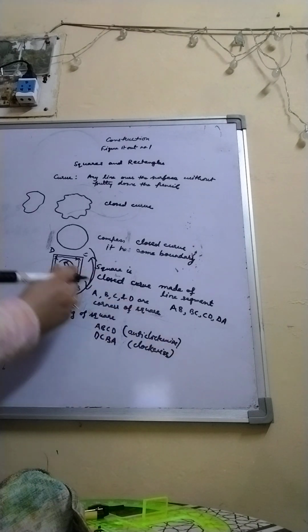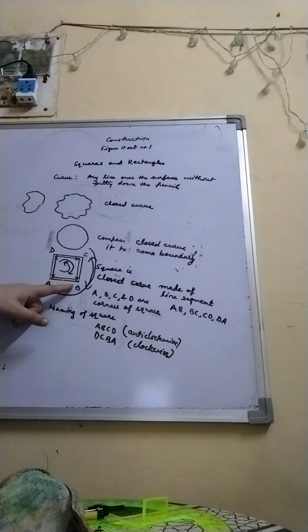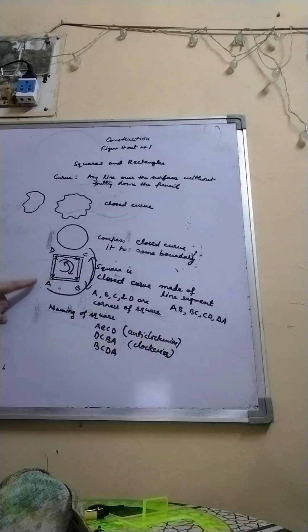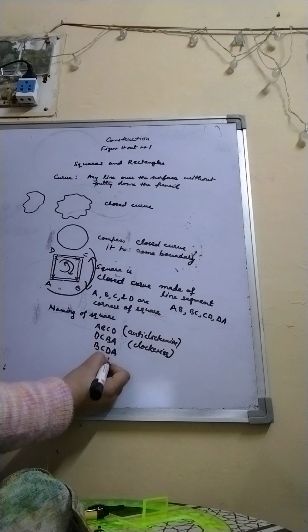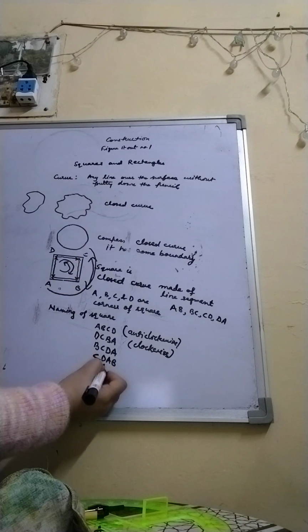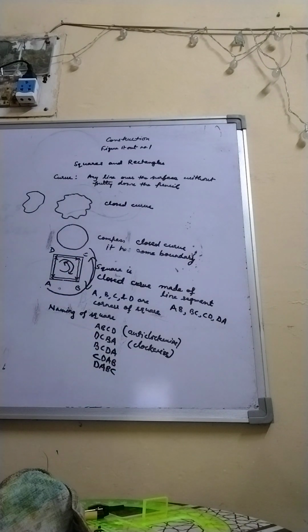You can also start from some other letter like B, C, D, A. So B, C, D, A would also be a name of this square. Then you can also write C, D, A, B. Then DABC is also a name of this square.